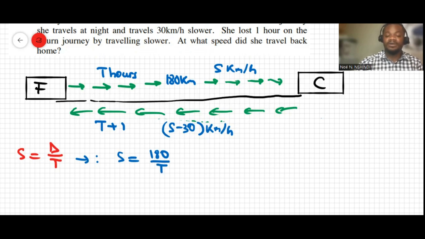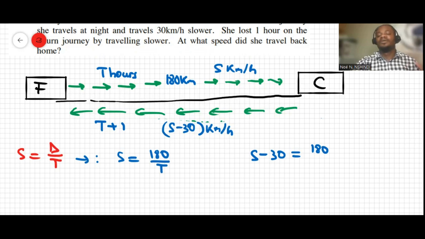Now, the speed on the return was s minus 30, because 30 kilometers per hour slower. The distance will remain the same. Distance from the farm to Ceres, or from Ceres to the farm, regardless of the speed, will still be 180 kilometers. So it's going to be 180 kilometers over t plus 1.